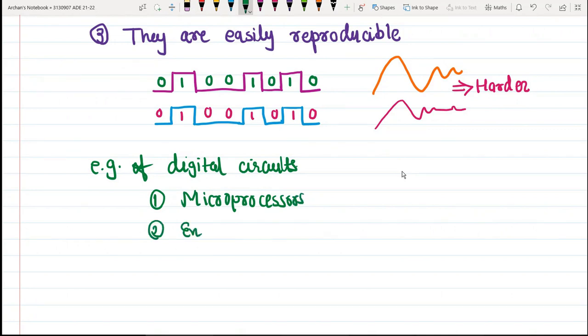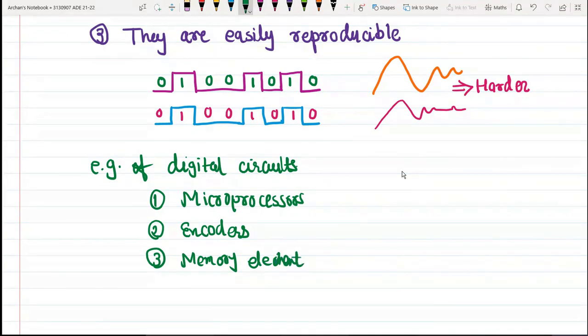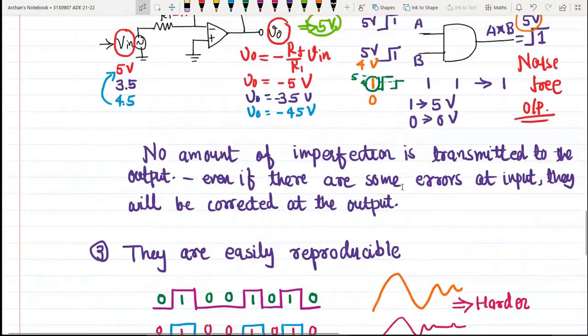Second, you may find the application of digital circuit in encoders or in memory elements, right? All of us are using a mobile where we have some memory, right? So this memory will be in the form of digital signals only. So these are some of the applications, not all, of digital circuits where we are processing the digital signal because of these advantages.